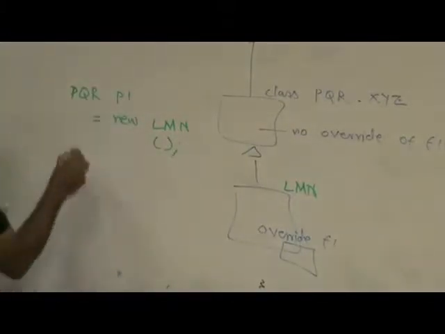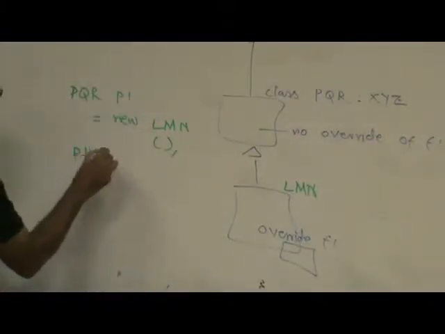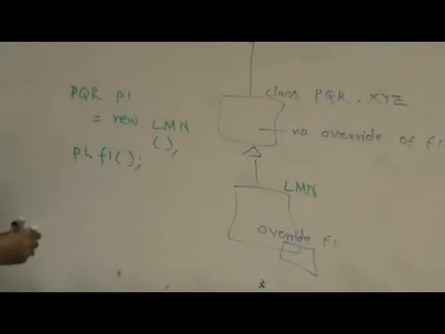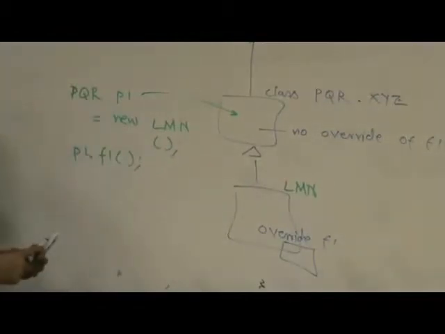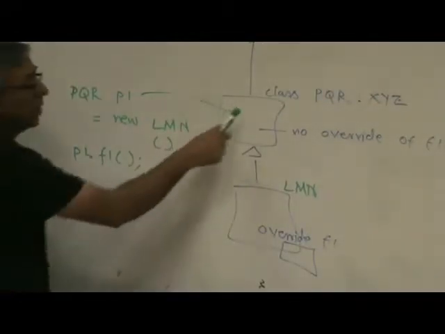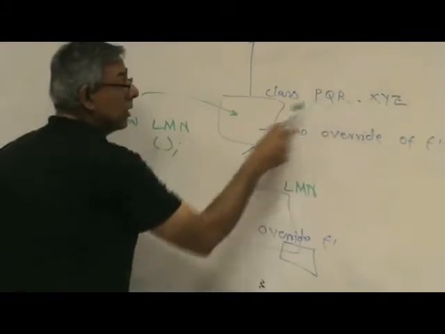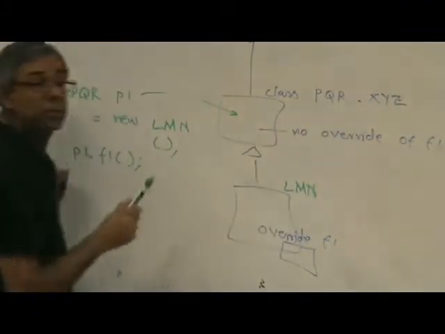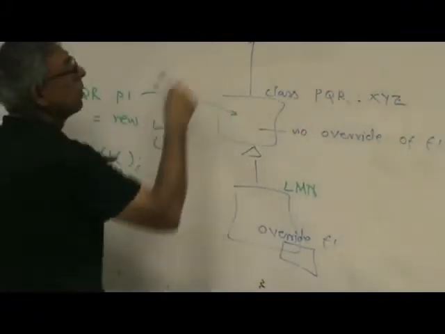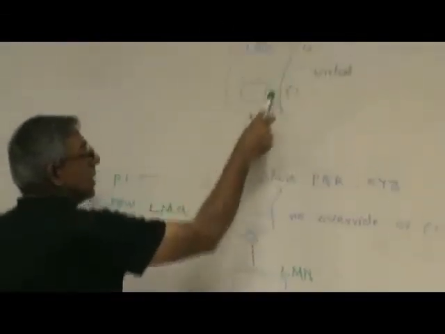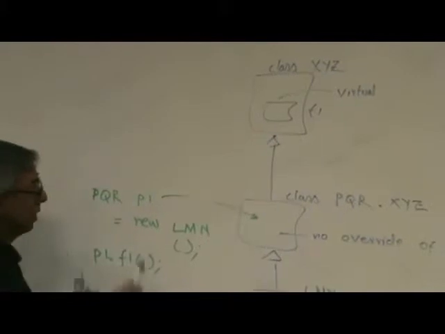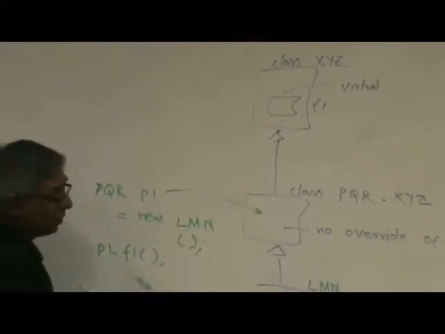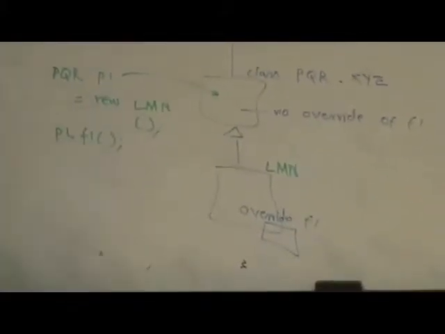And then you did P1.F1. Again, what the compiler will do is start from P1 and come over here to see if F1 is declared. There's no F1, but it's inheriting from XYZ. So the compiler will go to the base and see if F1 is declared virtual. If it is declared virtual, it will generate the code to go to the vtable and call this correctly. Okay.